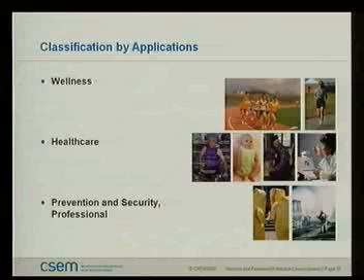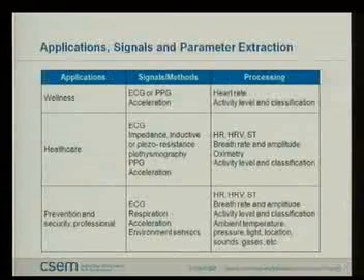So first of all, I would say the wellness part, which could also be separated from sports sometimes when it is for athletes. Then the healthcare part, and the last category for healthy people, which is in this case the prevention and security for professionals.